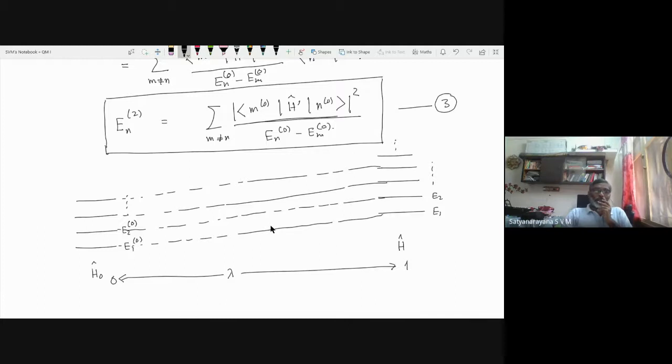And this correspondence is something which we can take for granted because of non-degeneracy. Now, what happens if there is degeneracy? That is something which we would like to understand.